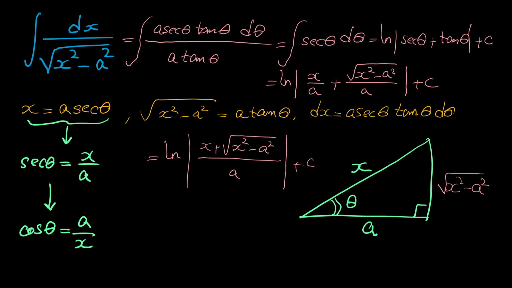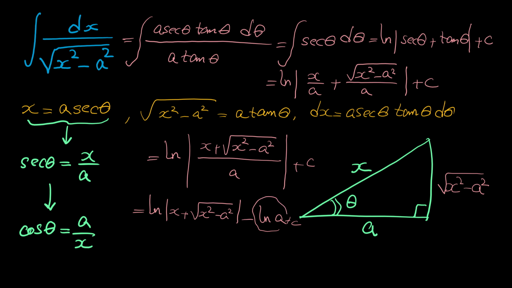Now remember one of the properties of ln. ln of a over b is ln of a minus ln of b. Based on this formula, we can rewrite this expression in the form of ln of x plus radical x² minus a² minus ln of a, of course, plus c.